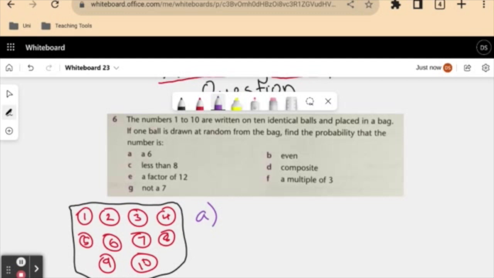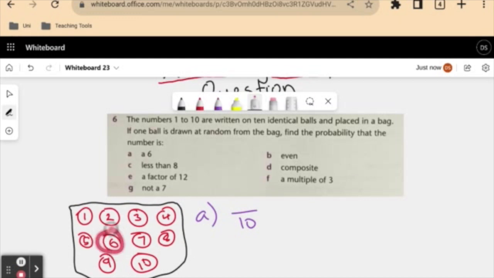So that tells us most likely that every fraction we get, every probability we get, is going to be a fraction of something out of a possible 10 events because we have 10 identical balls in this bag. So once we've established that it's going to be something over 10, everything else becomes a bit of a counting act, right?